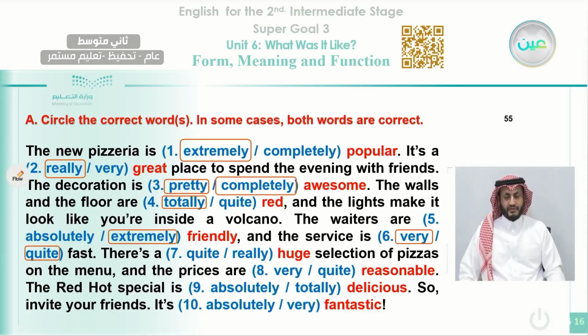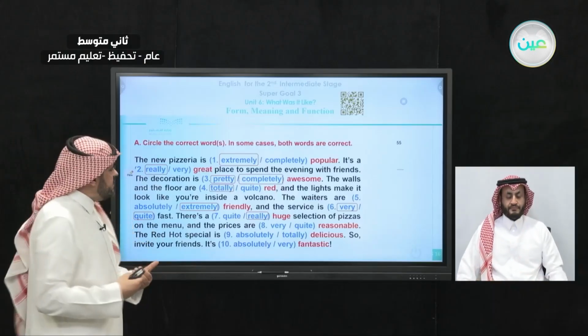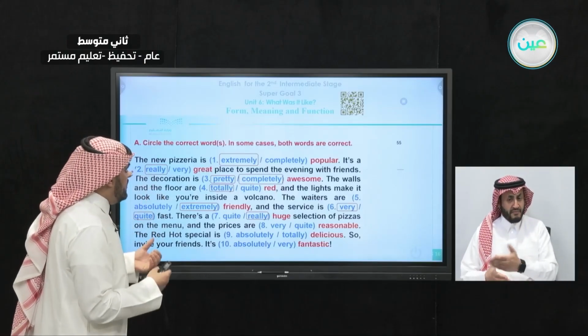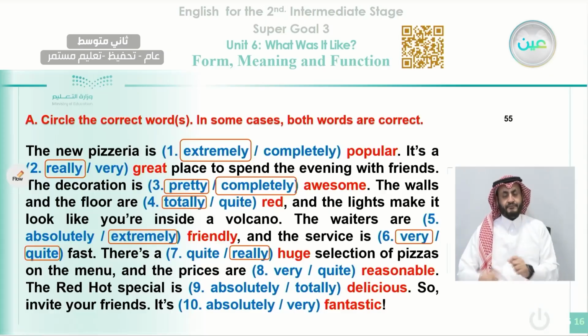There is a really huge selection. We can say here there is a really huge selection, and huge is also, as we mentioned before, a strong adjective. We use really to modify it, which is considered an adverb. Of pizzas on the menu, and the prices are, we can say, both very reasonable or quite reasonable.